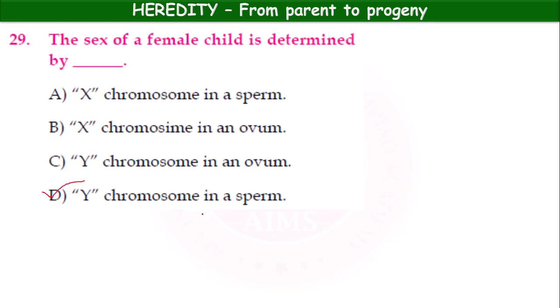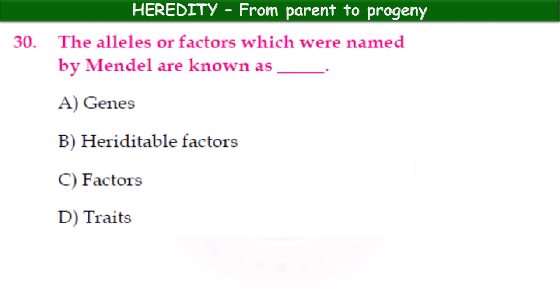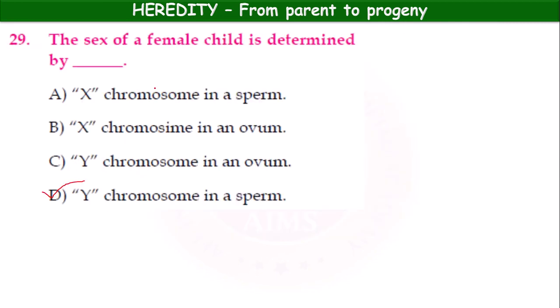Next, if the Y chromosome in a sperm combines with or fertilizes the X chromosome of the ovum, then an XY combination is formed, which is a boy child. Here the question is the sex of a female child. The answer is the X chromosome of a sperm.